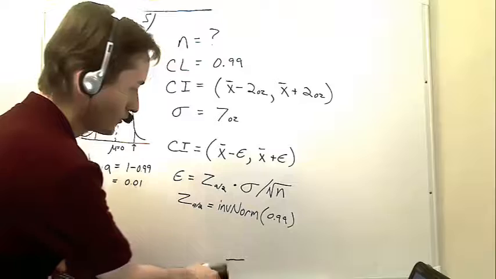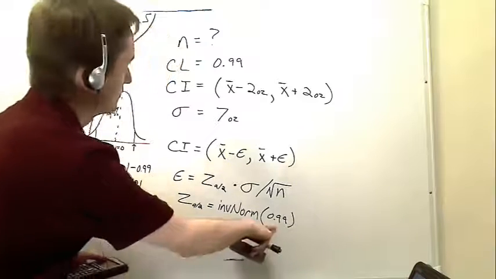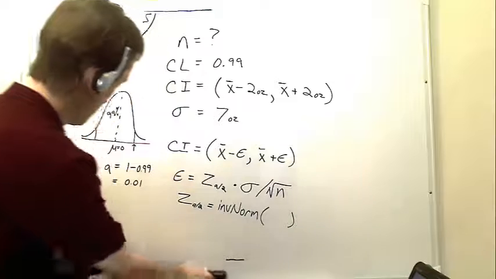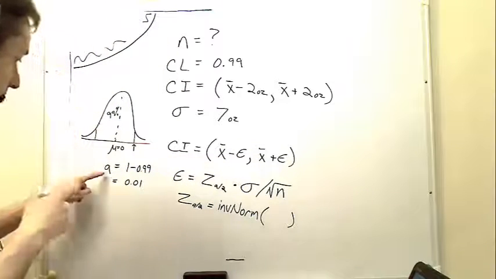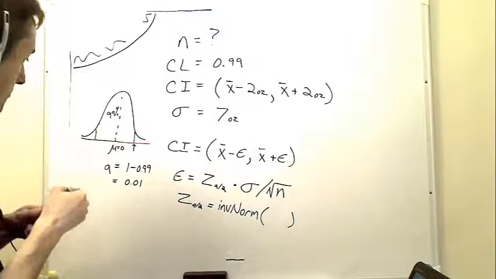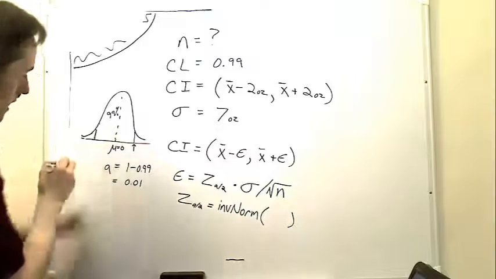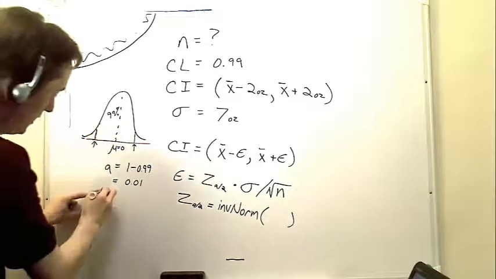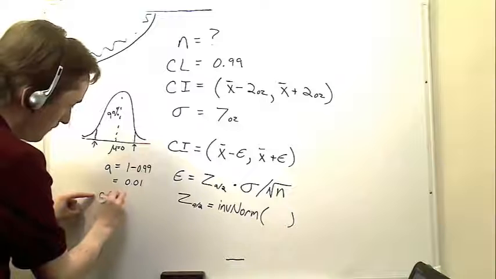Actually, you have to do a little trick. You can't just use the confidence level. You have to use a little trick here. So we do have to know what a is. So a is the sum of these 2 points, and just to find this point here, we need a over 2.